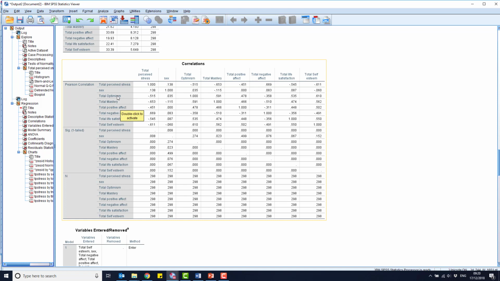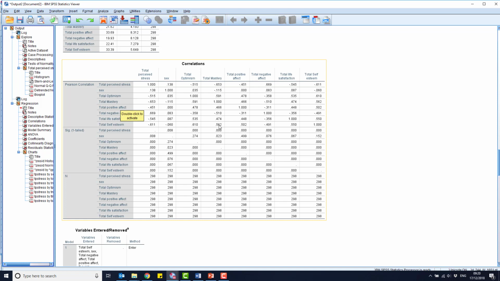What is classed as a high correlation depends on whose guidance you're following, but sometimes over 0.7, 0.8, 0.9, those are particularly concerning. So we can see, for example, that if we're looking at optimism, there's some relatively high correlations between the other predictors and optimism, but nothing too concerning.